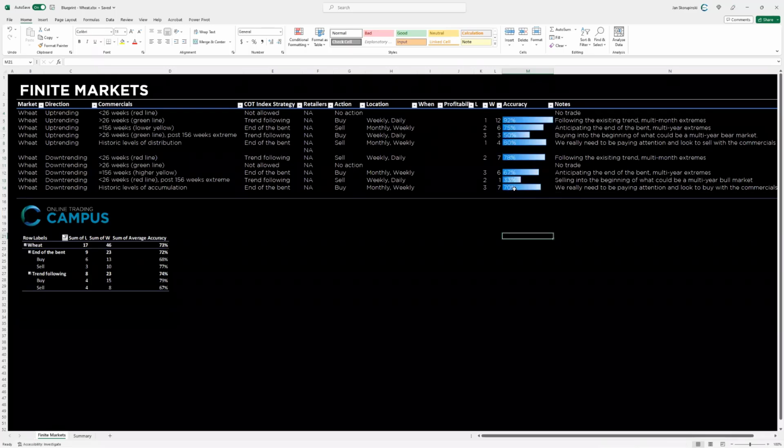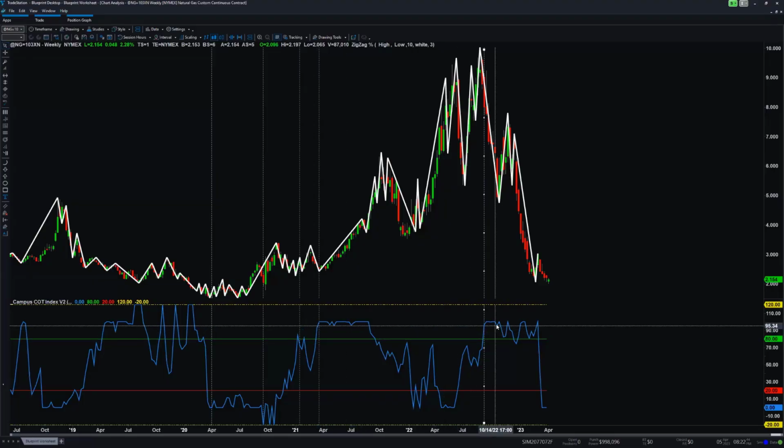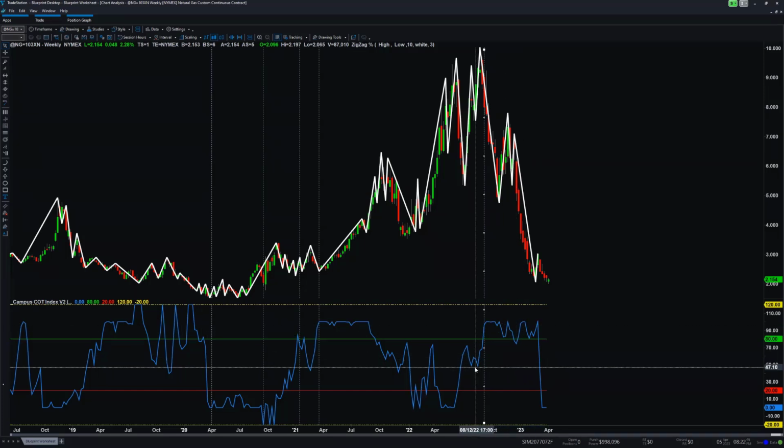So already I know, hey, maybe I should use some of my different tools to be very proficient here, to have high profitability and high accuracy. What I can filter out is already, well, maybe using the commercials, at least within that index that we have, within that calculation, using it that way may not be a very good idea.